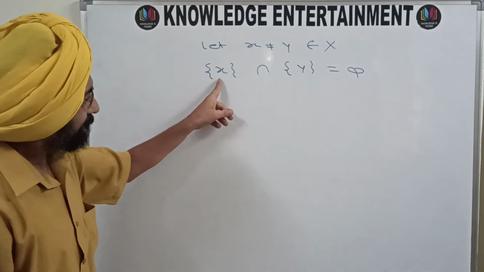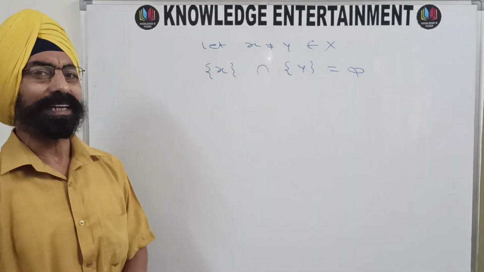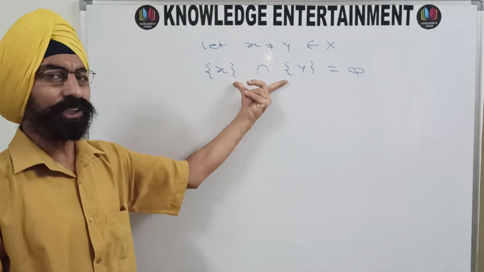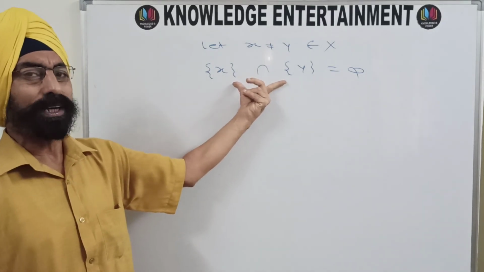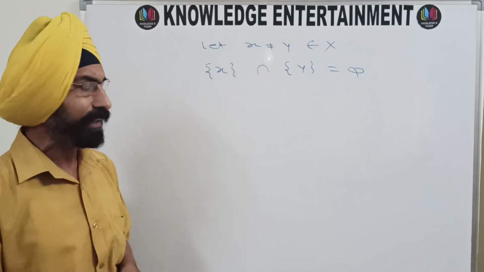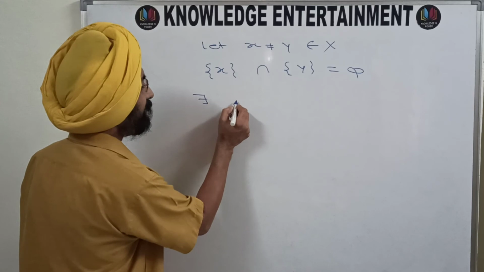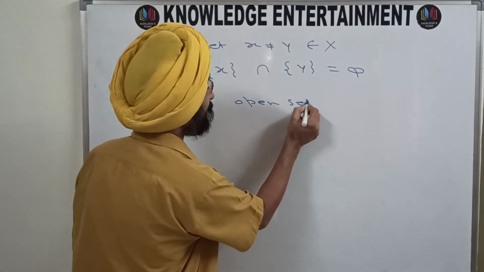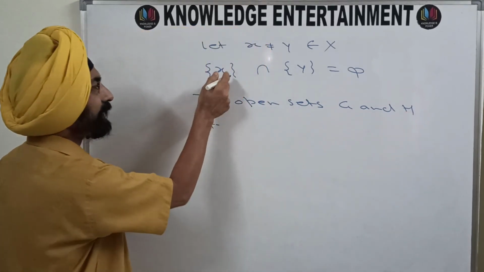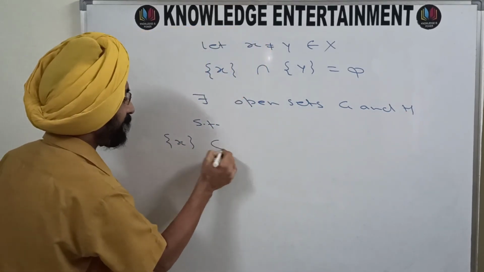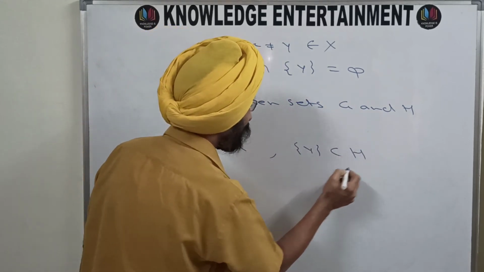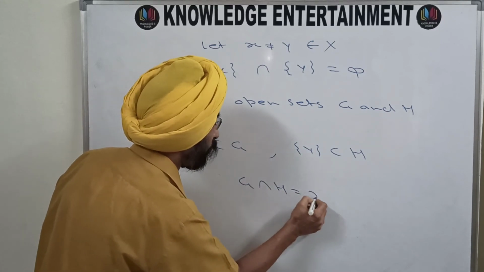On the other hand, they are finite sets, and we know that finite sets are compact, so these sets are compact. So we are having a pair of disjoint compact sets, and since every pair of disjoint compact sets can be separated by disjoint open sets, this is given, so there definitely exist open sets G and H such that the set X is contained in G, the set Y is contained in H, and G intersection H is phi.